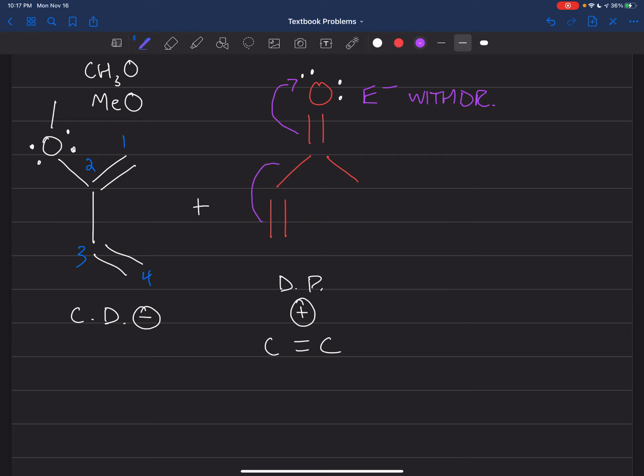And this is going to resonate, and that's going to follow suit, okay? So what is that going to look like? Well, it's going to look like this. So this has 6, 5, 4, 3, 2, 1, 0, -1. This now has a -1 charge.